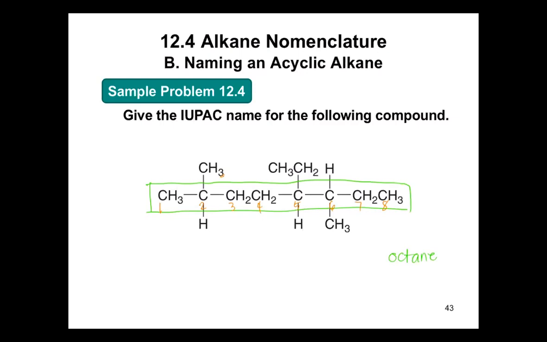Kasi pag dito ka nag-start sa right side, nasa carbon 3 pa. Okay? Always remember that you have to give the lowest possible number to the substituents. Okay? So in that case, after assigning the numbers dun sa carbon atoms, you have to determine ano ba yung location or ano ba yung mga substituents na present dun sa mga numbered carbon atoms.